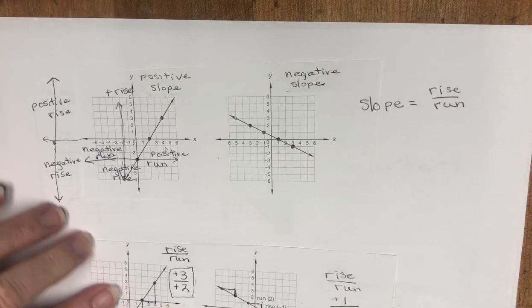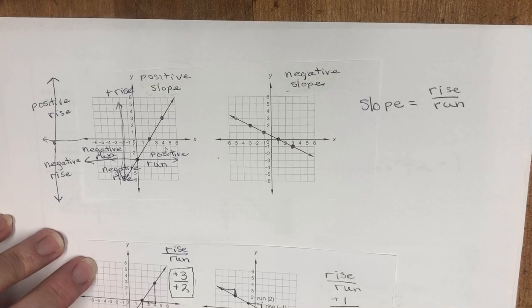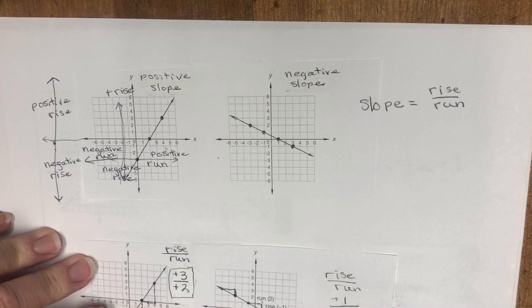So let's look at this one. We have a point here and we have a point here where the line goes directly through. We don't take the points along here because the line doesn't intersect exactly with the squares. So here, if I take my run first, 1, 2, and we said slope is rise over run.